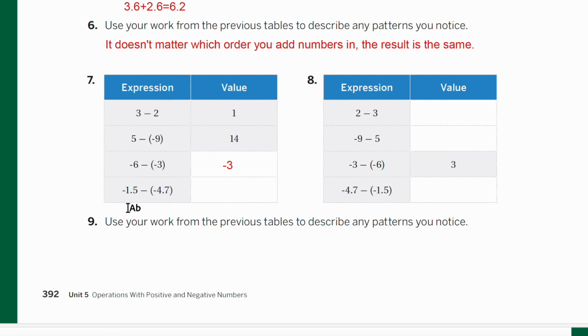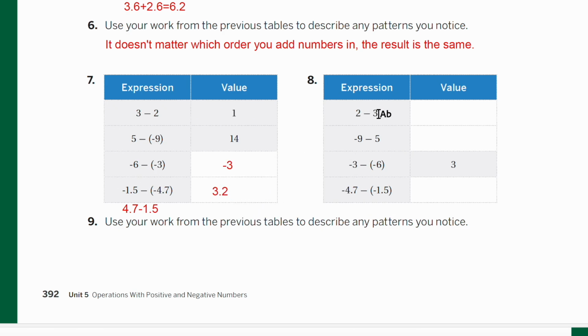So another way to think about this is that we start at negative 1.5 and we're going to move up 4.7 spaces. And we could even switch this problem around to think of it like 4.7 minus 1.5. And when we do that, it's easy to see that the answer is going to be 3.2.